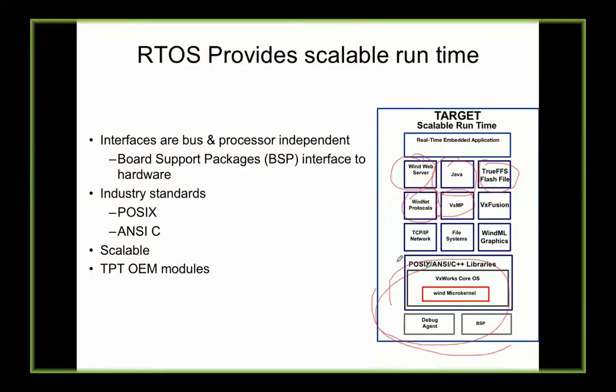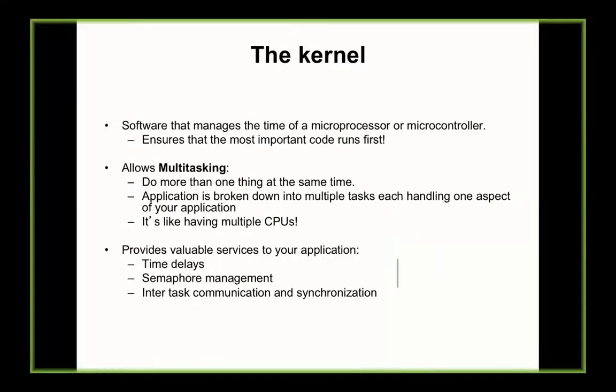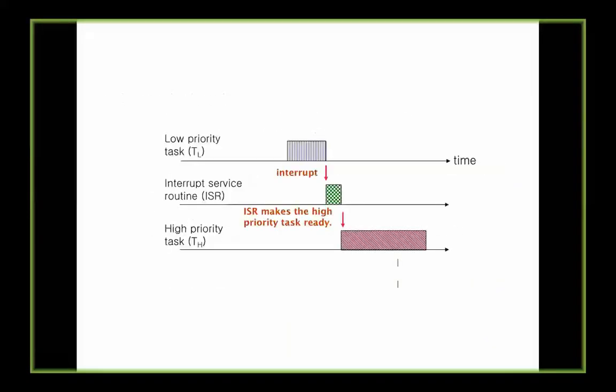We learned about the standards it supports, scalable equipment manufacturer modules supported by them. Then what multitasking refers to, the importance of the kernel driving a microcontroller's or processor's timer, and the most important task being executed. Types of kernel, like non-preemptive and preemptive, and their advantages and disadvantages.